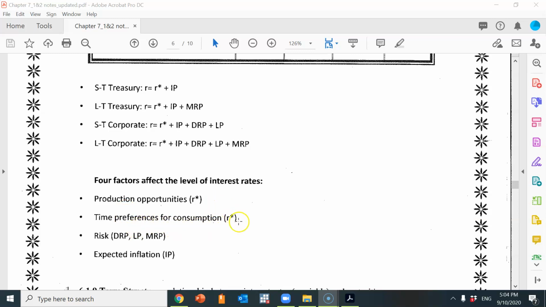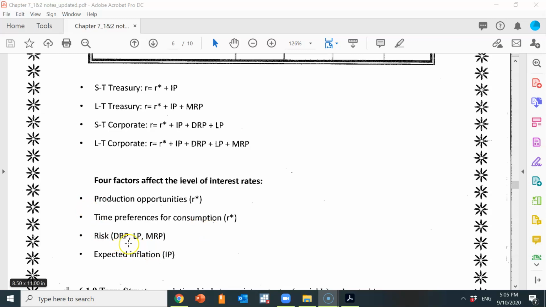It tells us that we require a certain interest rate for the bond because we could otherwise use this money to invest in other production projects and make profits, or we could otherwise use the money to consume. So we require the real risk-free rate even for riskless assets because we could use the money to do other things instead. It's an opportunity cost here.